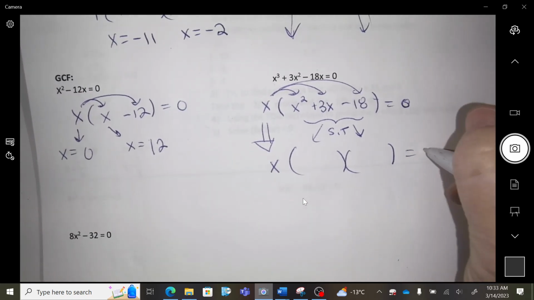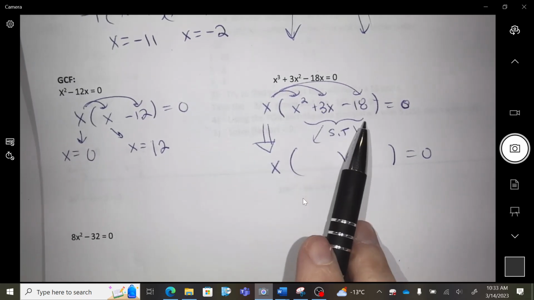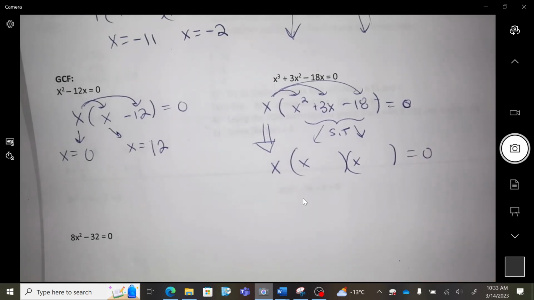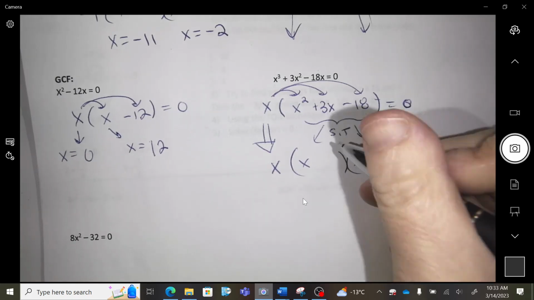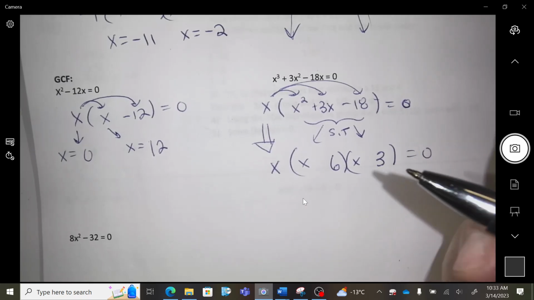People forget that. So the x is still there, and then this trinomial will break down. So what multiplies to 18? We've got some numbers that will work with the 3. 3 times 6, one is plus.